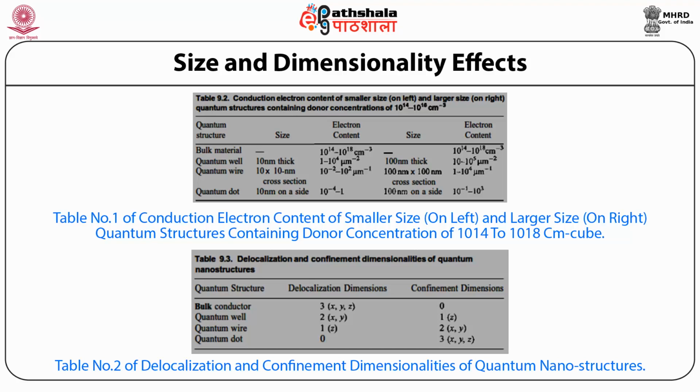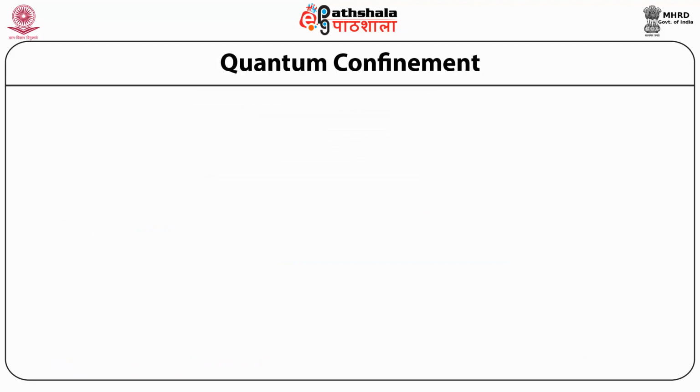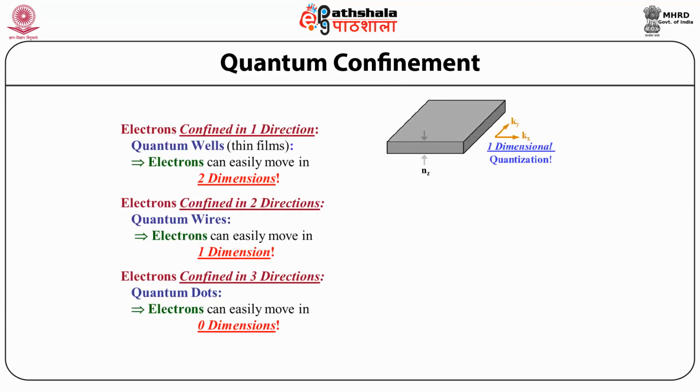A quantum wire has delocalization dimension 1 and confinement dimension 2. And for a quantum dot, there is no delocalization dimension, but all three dimensions are confined. The electrons are delocalized and move freely along the wire, but are confined in the transverse direction in this case. So, let us discuss quantum confinement.